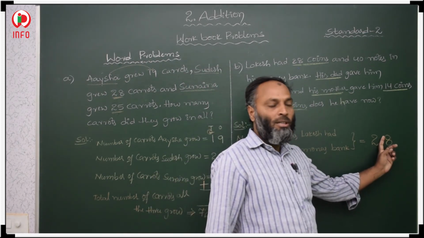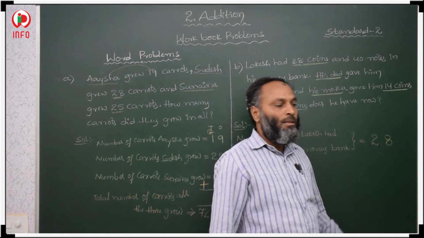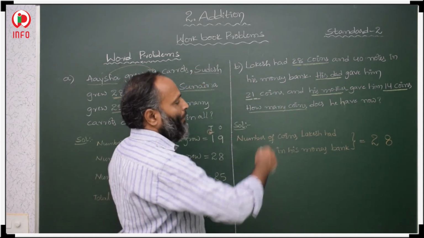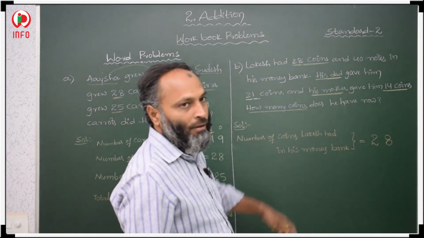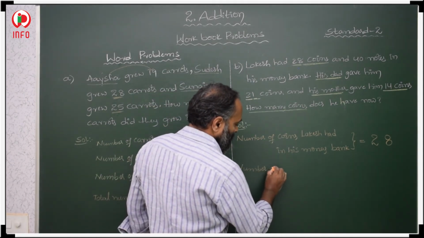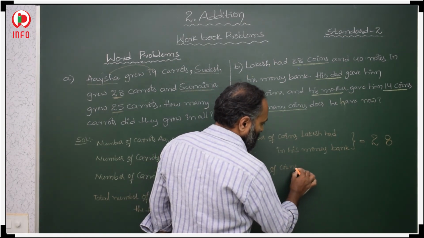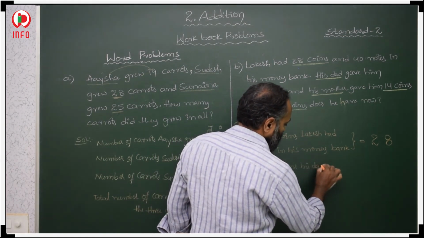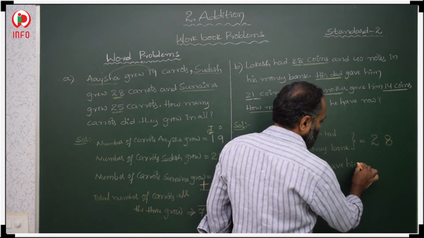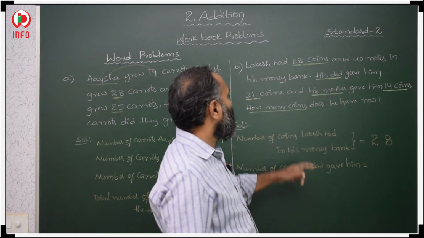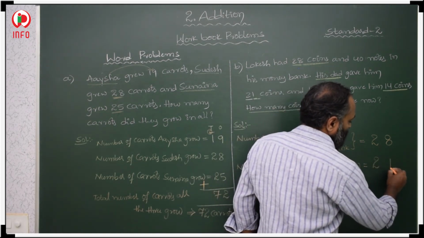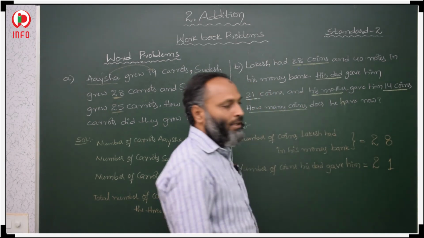Leave some space between ones and tens place, so it is very easy to calculate. Then after that, number of coins his dad gave him. How many coins? 21 coins. 2 in tens place and 1 in ones place. Like this we have to write.